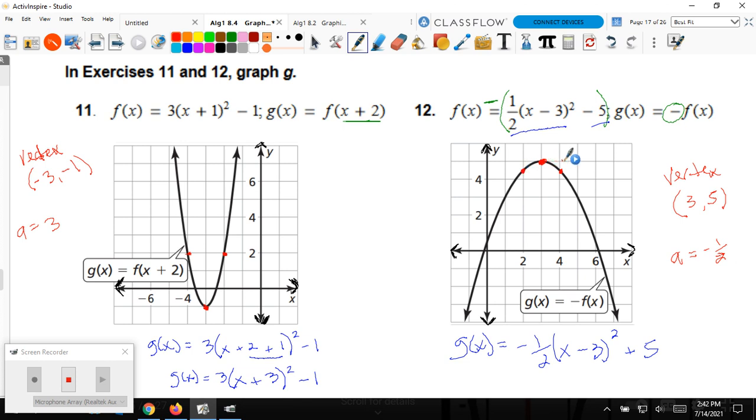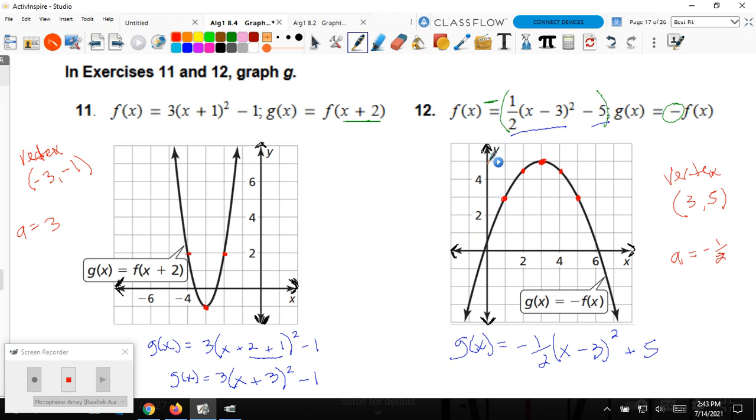If we go 2 each way there, 2 squared is 4. 4 times a half is going to be 2, so it's going to go down 2. So 2 this way, we go down 2, puts me there. 2 this way, I go down 2, puts me there. And you can kind of keep going. If we want to go 3 all the way over to the y-axis, that's going to be 9 times a half.